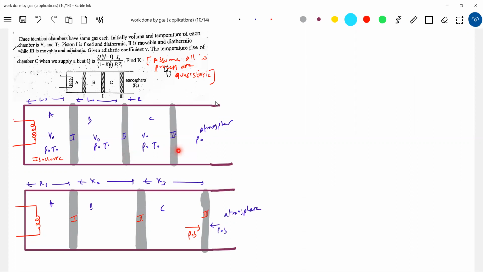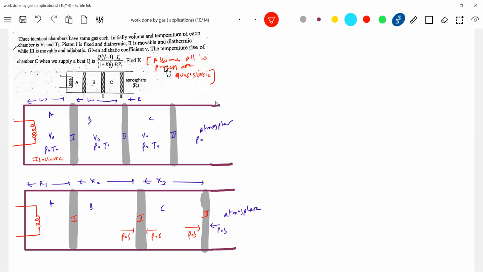When it moves slowly from rest to rest, the pressure of the gas will remain the same, P naught. Similarly, if this is also a movable piston, the net force on it should be zero, no? Because only the pressure force of the air and the pressure force of the gas is acting. So the final pressure here should also be the same.